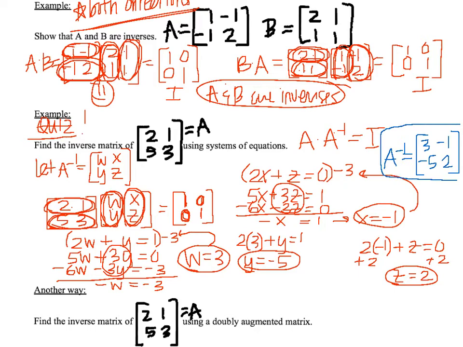And so I end up getting this as my inverse by using the ideas that we did in Chapter 7, by using the elimination. And so this is one method of finding the inverse. And again, we are going to ask you to use this method on the quiz, so be aware of that.